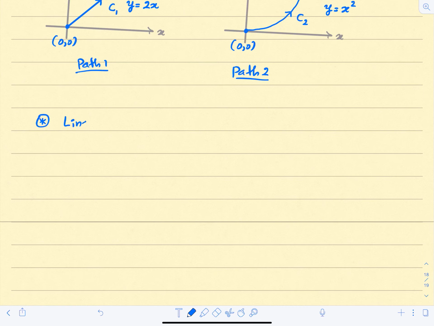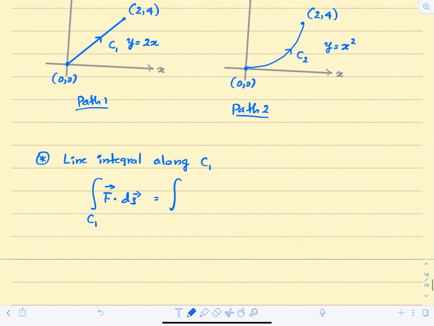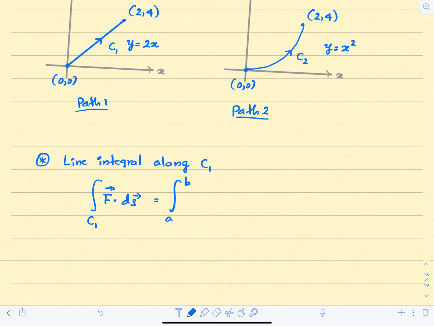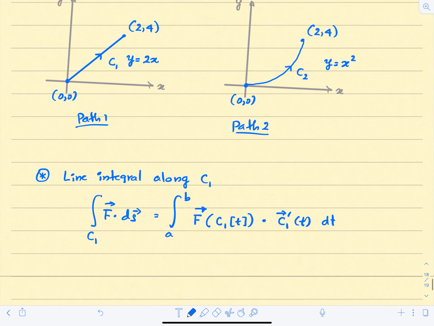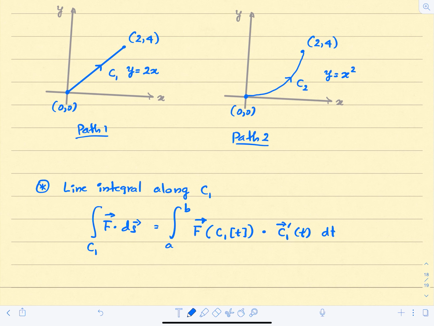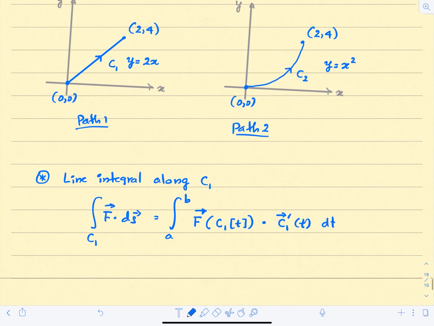The line integral along C1 of F dot ds equals the integral from a to b of F on the curve C1 of t dot C1 prime of t dt. But now we want the parametric representation of C1 and C2.